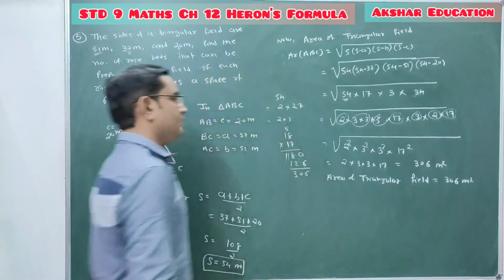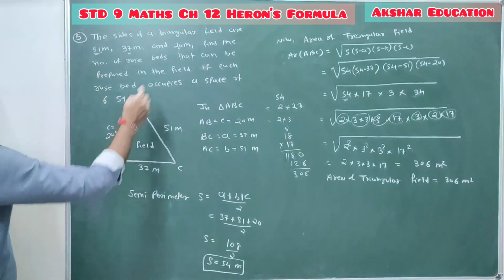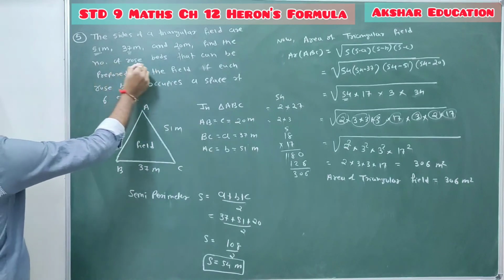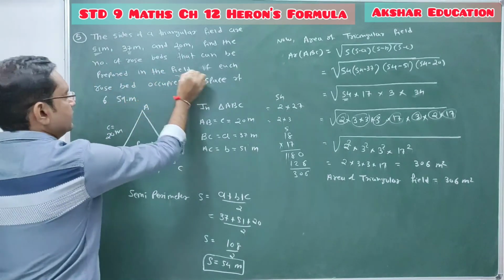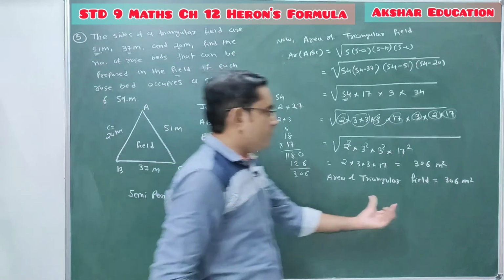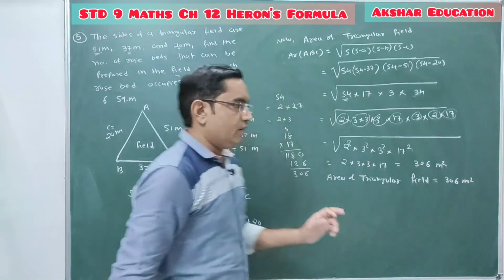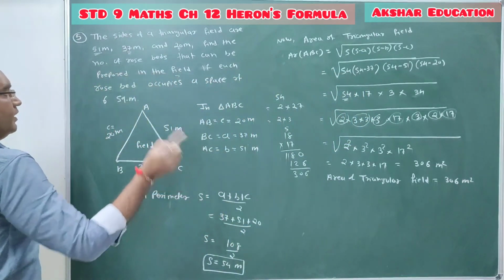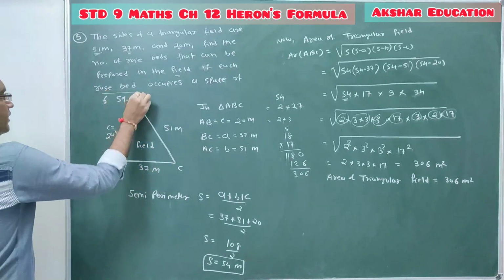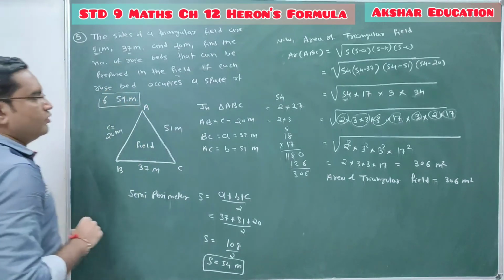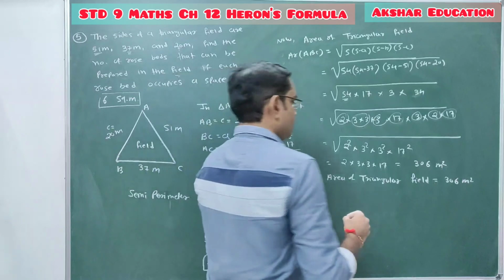Now what is our question? The question is to find the number of rose beds that can be prepared in the field. The total area of our field is 306 meter square. In this you have to prepare the rose beds, and one rose bed occupies an area of 6 square meter. So you have to find the number of rose beds.